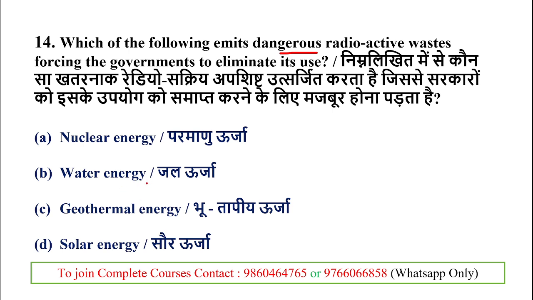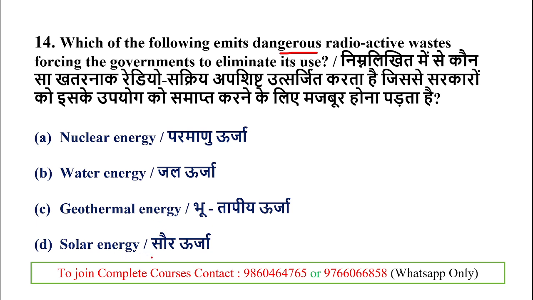Water energy does not make any pollution. Geothermal uses the resources or energy from inside the earth's crust. It produces steam, but it does not make radioactive waste. Clear? Radioactive waste causes a dangerous situation in our environment.